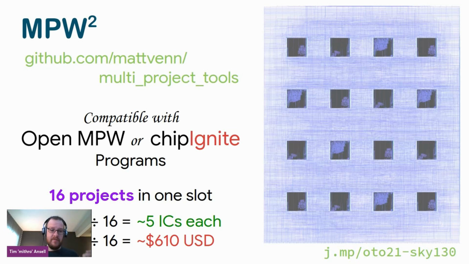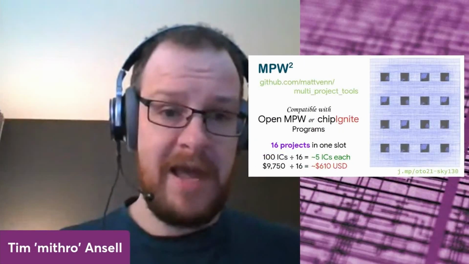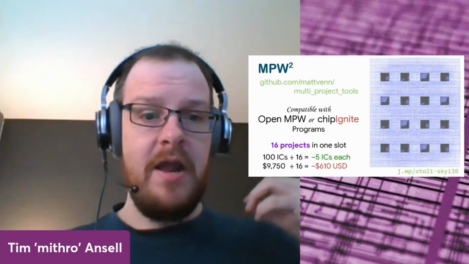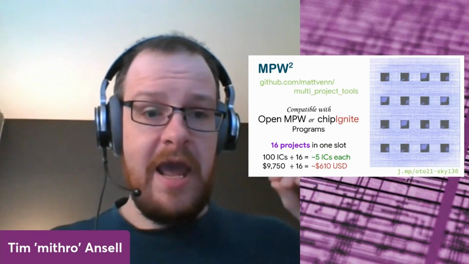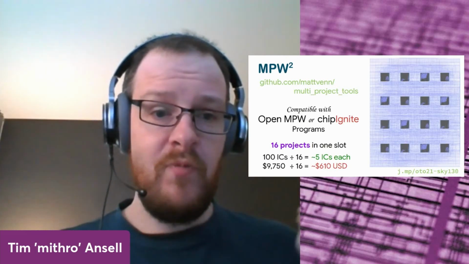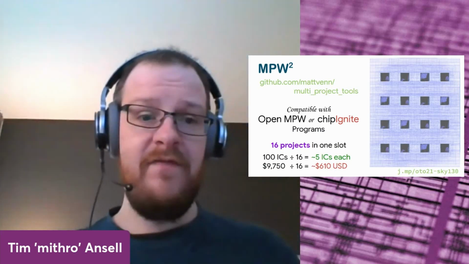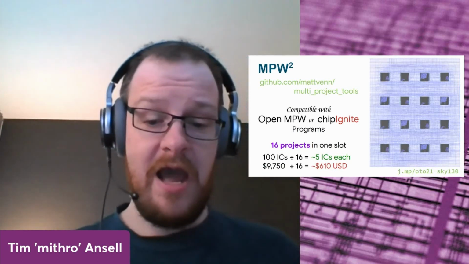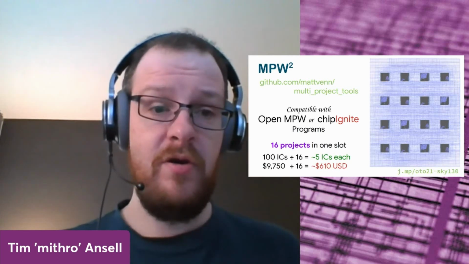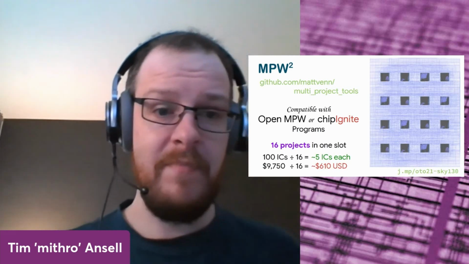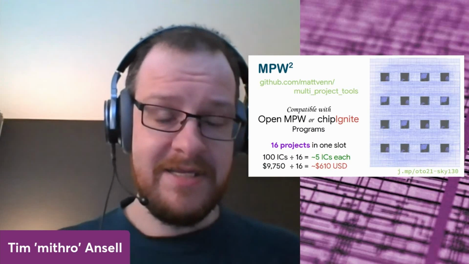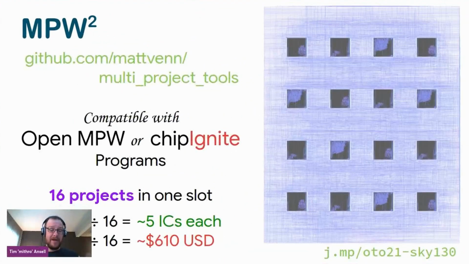This means with the number of ICs we get back to people, that you can have 16 projects in one slot and everybody still gets 5 ICs. If you take the cost of doing a private MPW with the Chip Ignite program, that makes it less than $1,000, about $610 per project.